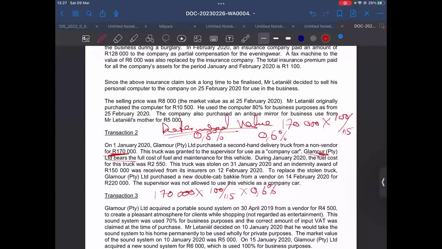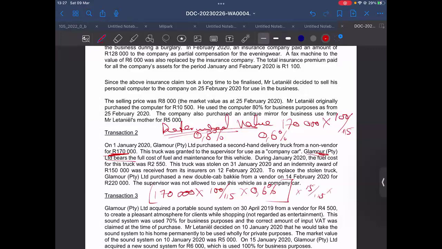We're still going to do fringe benefits, those who are doing TAX3701 at a later stage when we are looking at taxation of individuals. So this will give you your value of what? Fringe benefit.